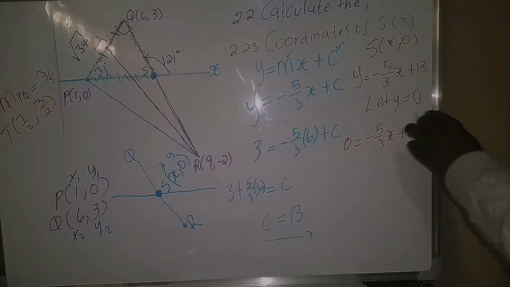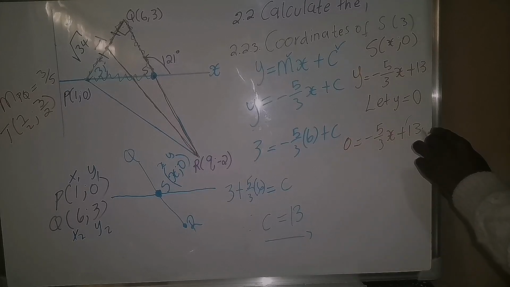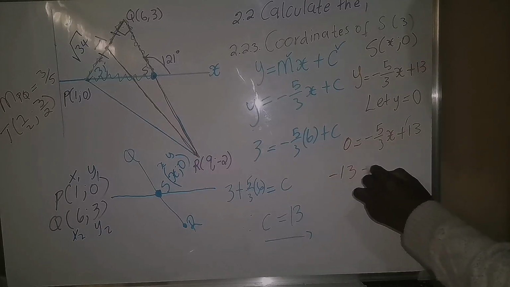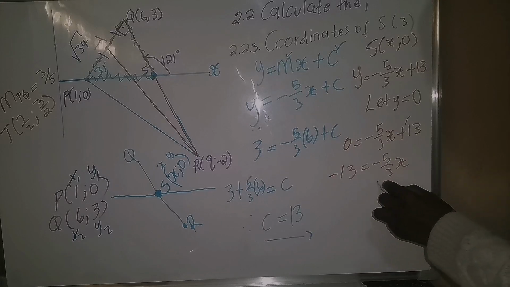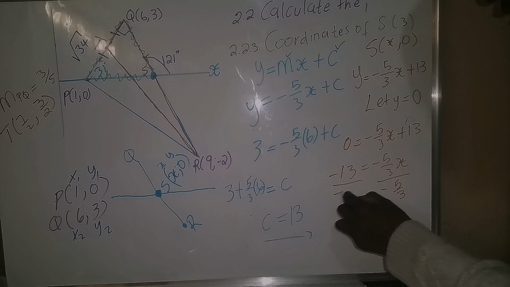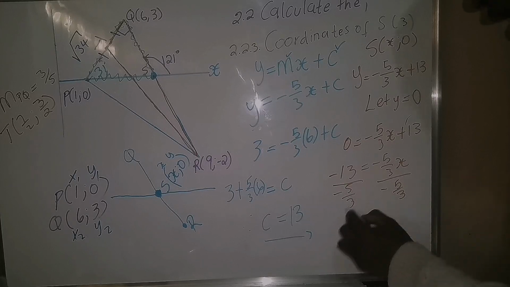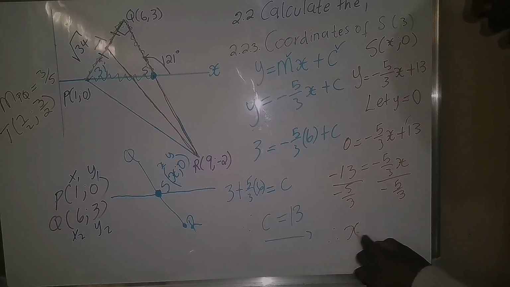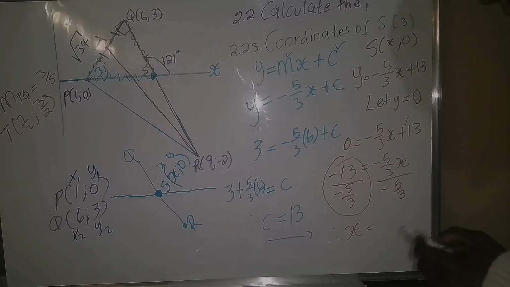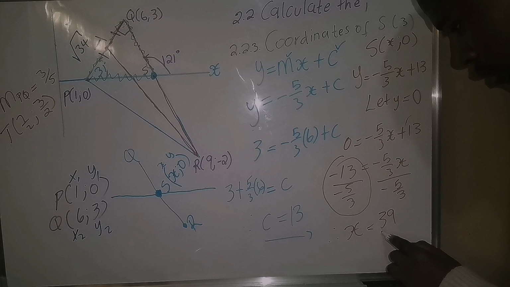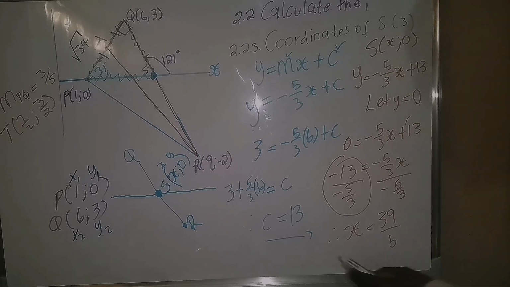I transpose this 13 to the left: 0 minus 13, so -13 is equal to -5/3 x. Therefore, I divide both sides by -5/3 to be left with x as the subject. On a calculator, x is equal to 39/5.